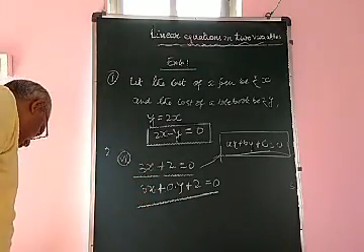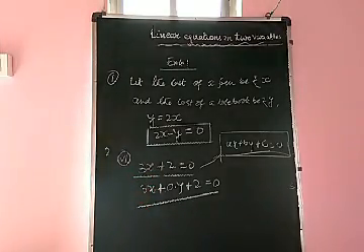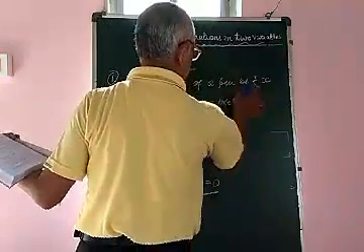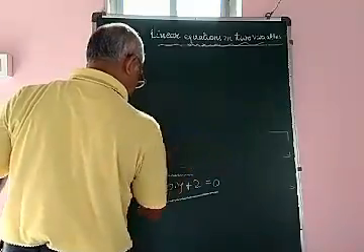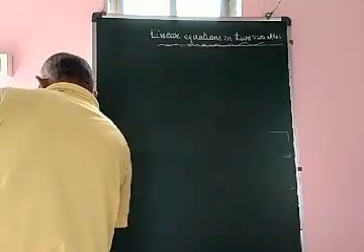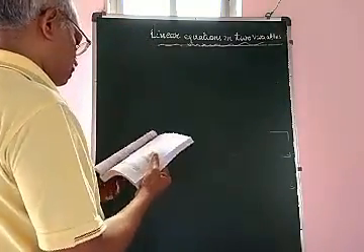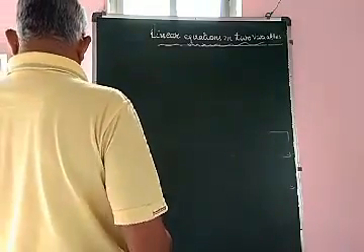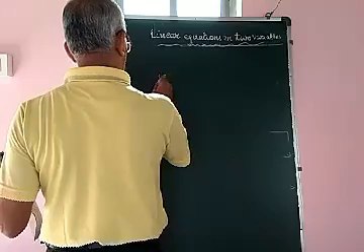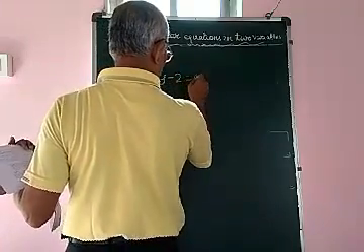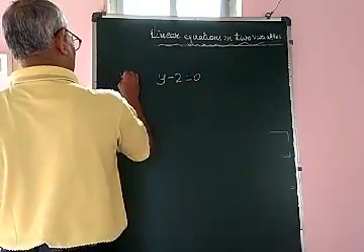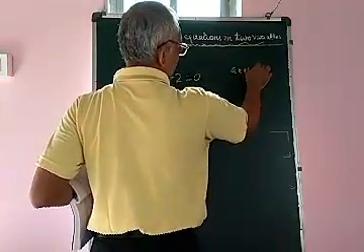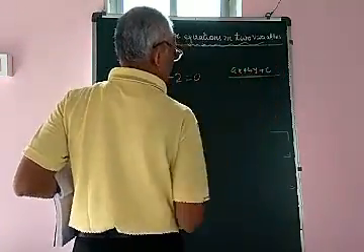Now another question. y - 2 = 0. This is the question, and you have to represent it in the form of ax + by + c = 0.